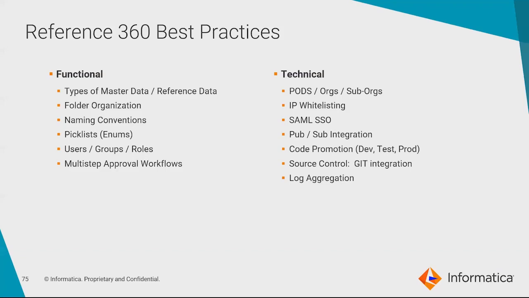It's the same CI/CD process that we'd normally recommend. You can use source control for GitHub integration, GitLab, Bitbucket, Azure DevOps, but the IICS CAI and CDI assets are usually where you'd want to apply that. Other services may not support source control. For example, Reference 360 does not at this time.